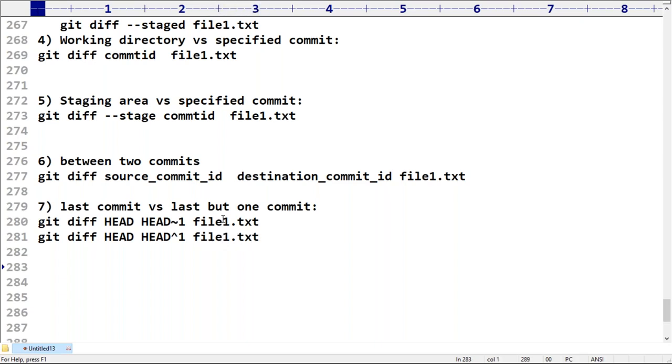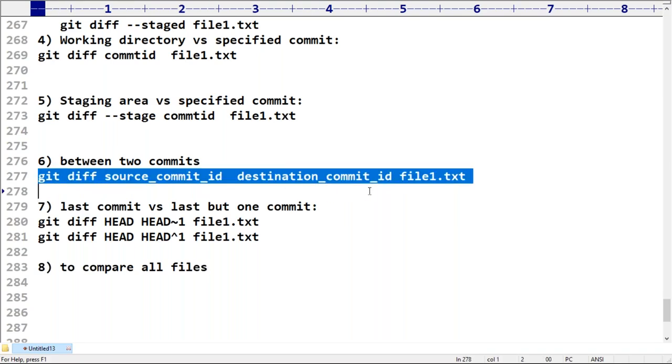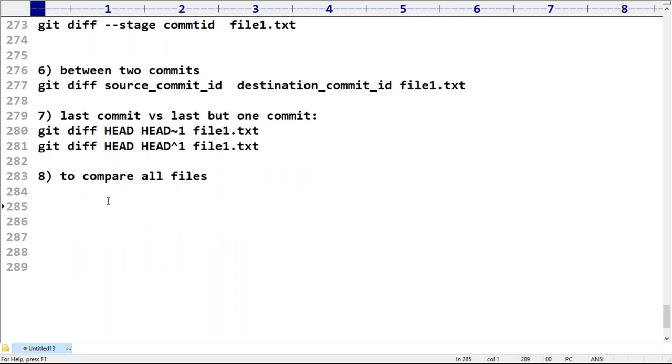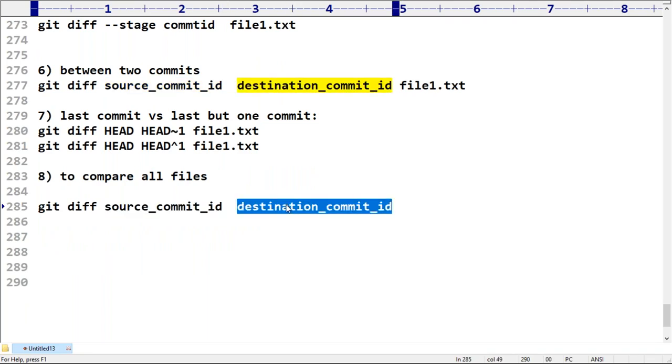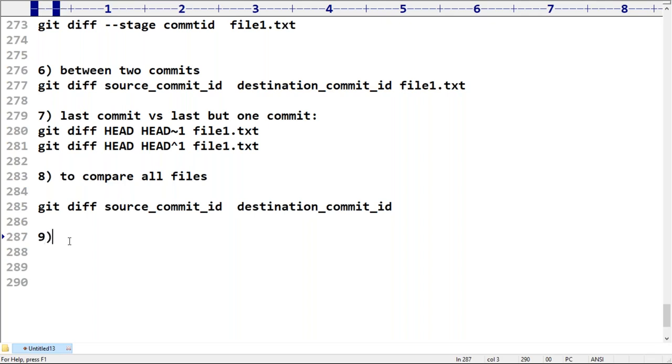Do you know, to compare all files, don't use a file name. That is, git diff first commit id, second commit id. Don't use any file name, then it compares all files.